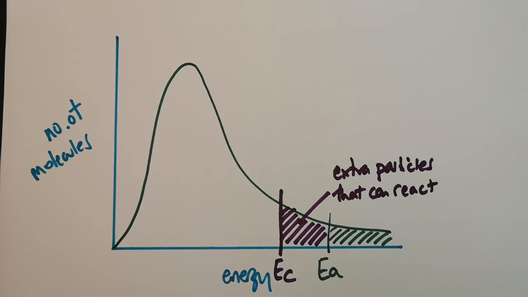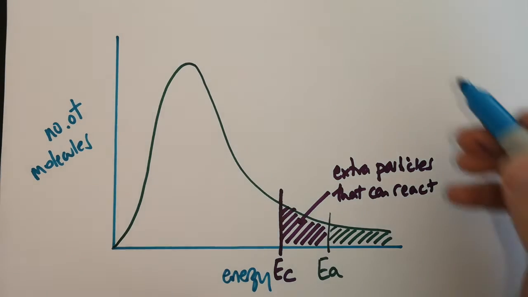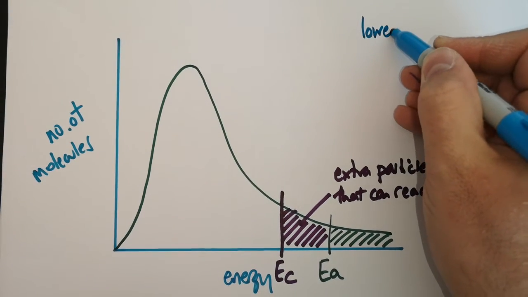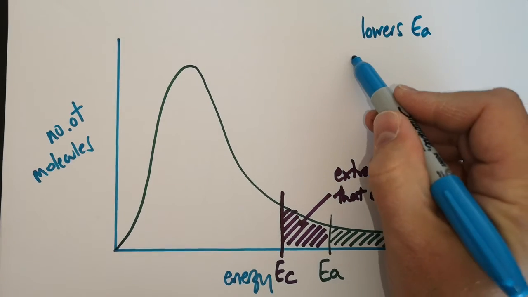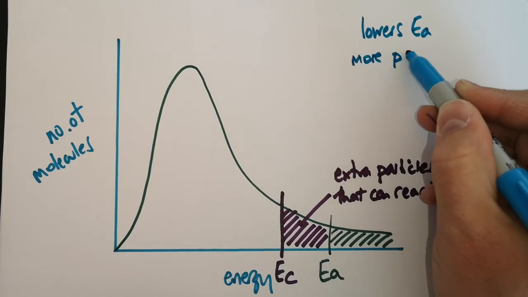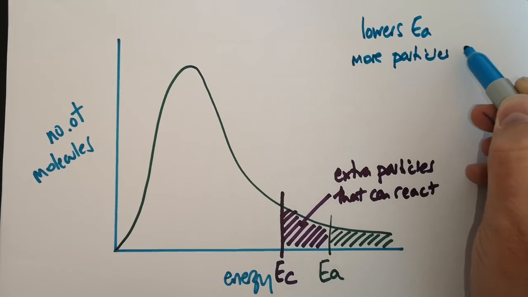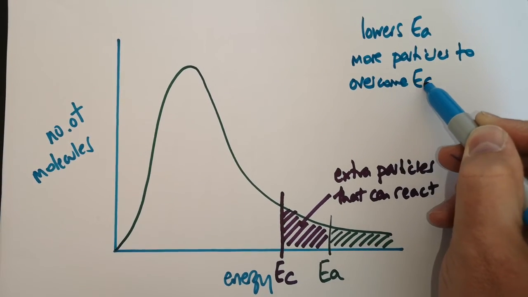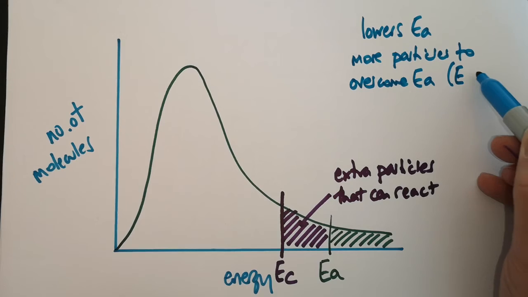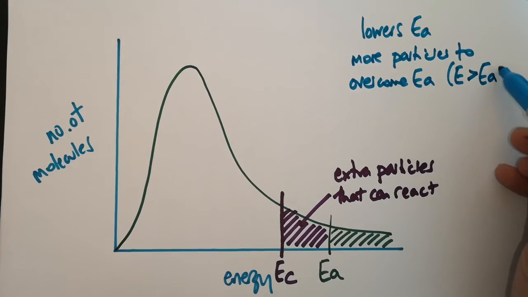So your explanation to explain why catalysts increase the rate of reaction is that it lowers the activation energy, which allows more particles to overcome the activation energy, or you could say they have energy greater than the activation energy.